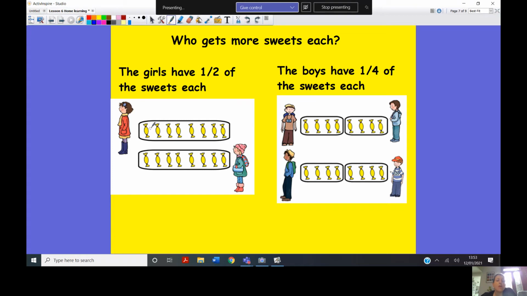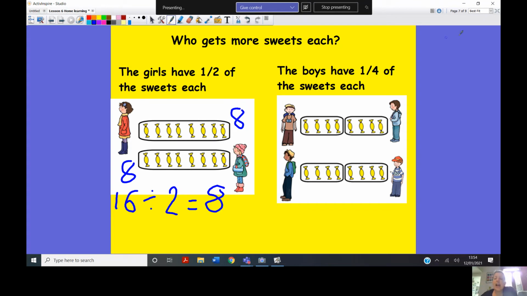Let's count how many are in each group. 1, 2, 3, 4, 5, 6, 7, 8. So in each group we have 8 sweets. So the girls get 8 sweets each. We know that because if we do 16, which is our whole, and divide it by the denominator, which is 2, we get 8. So 1/2 of 16 is equal to 8.